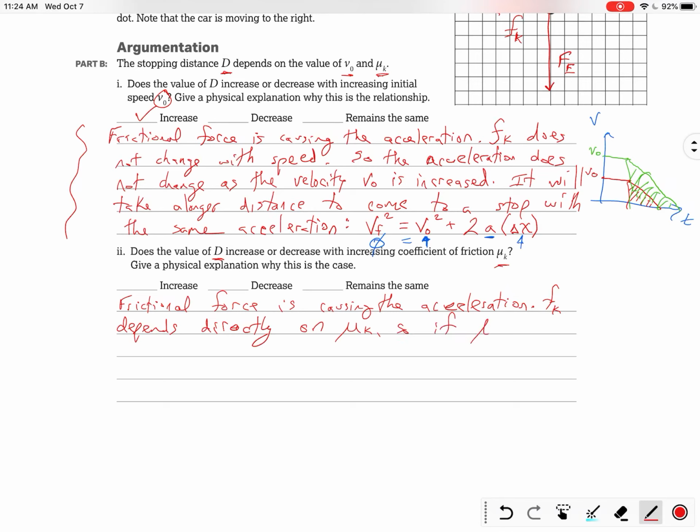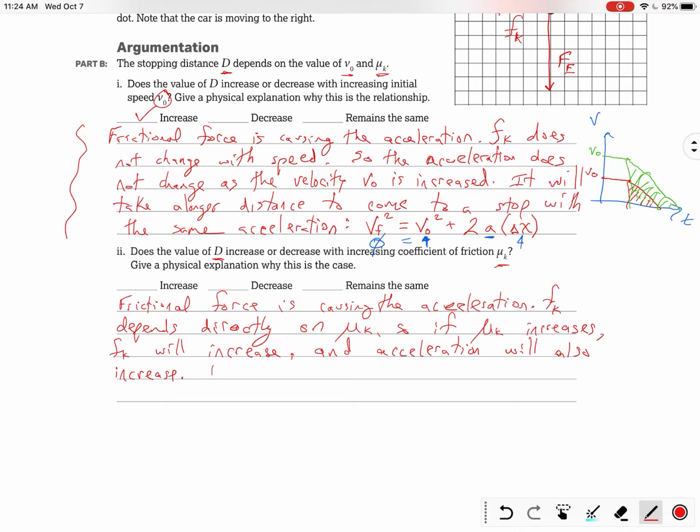So if mu sub k increases, F sub k will increase, and acceleration will also increase.